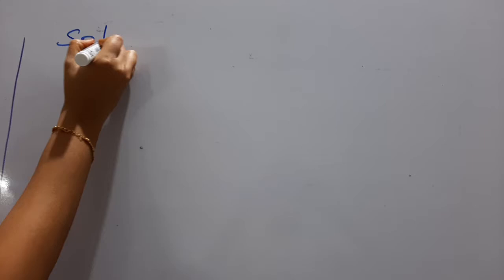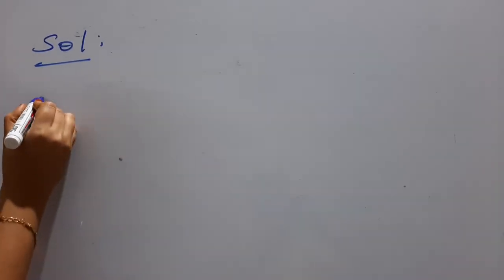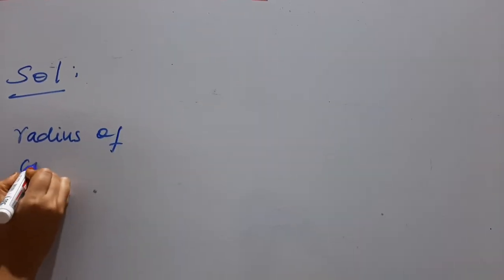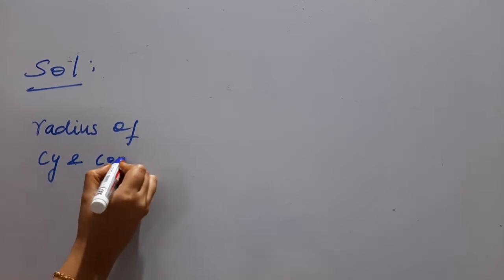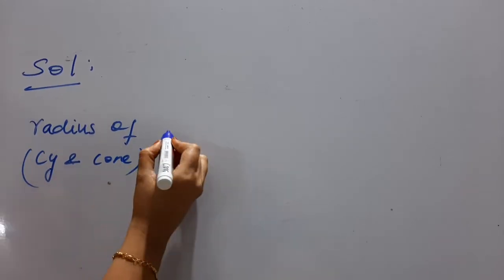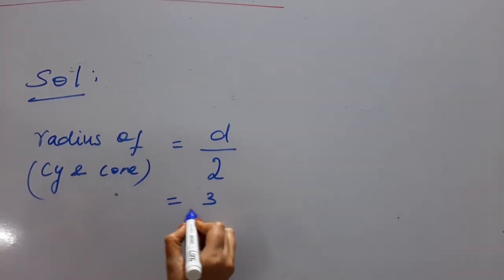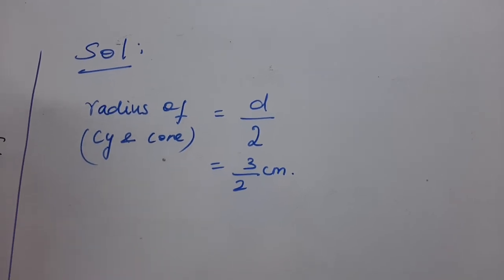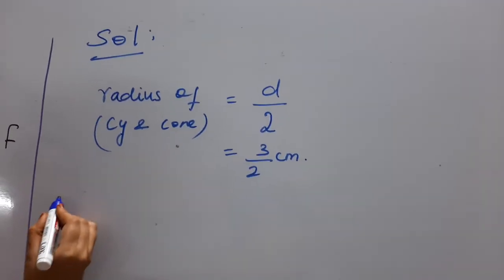What is the first calculation we have done? We found the radius of the cylinder as well as the cone. How did we calculate that? Diameter by 2, that is equal to 3 by 2 centimeter. That is the first step. And secondly, what did we calculate here? We calculated the height of the cylinder.